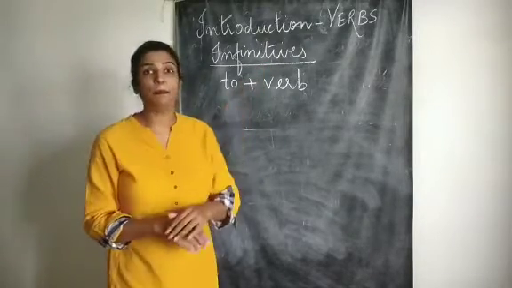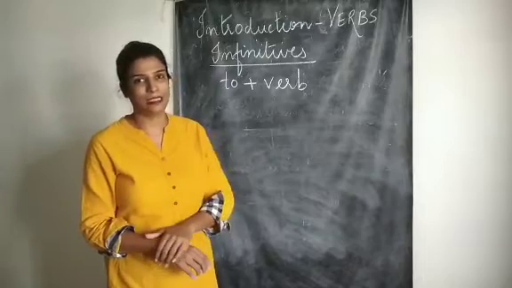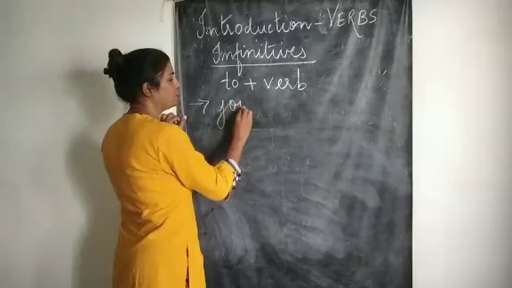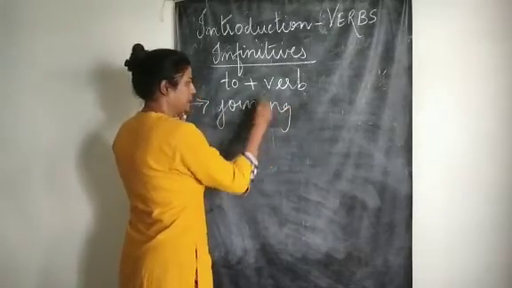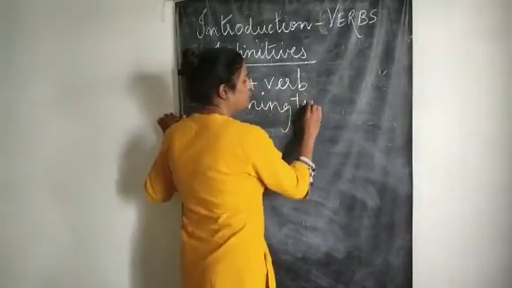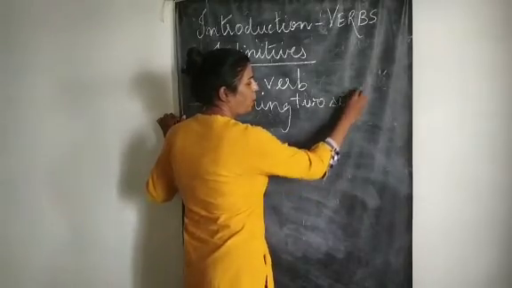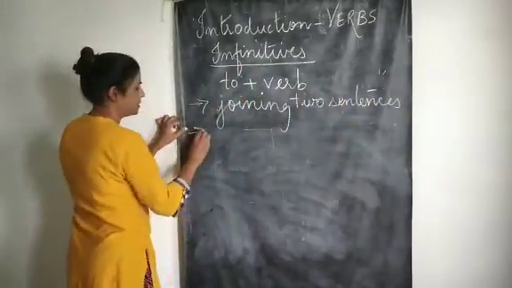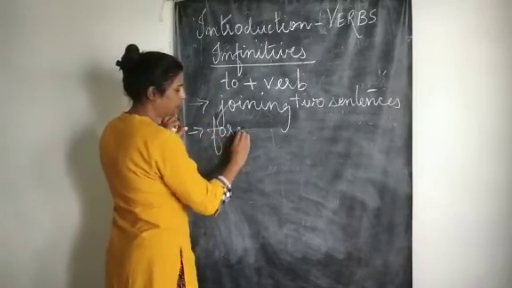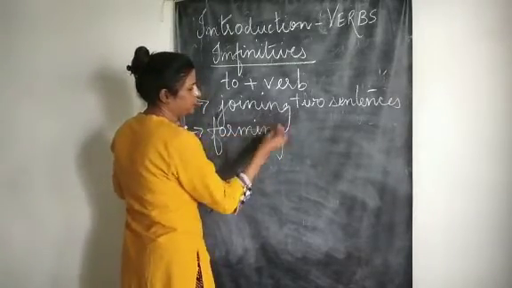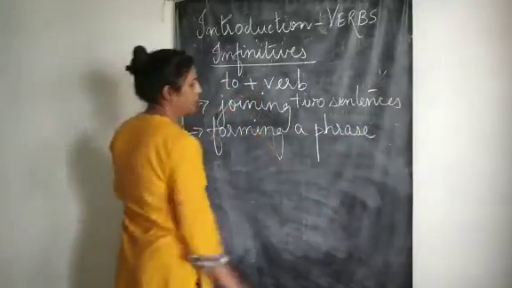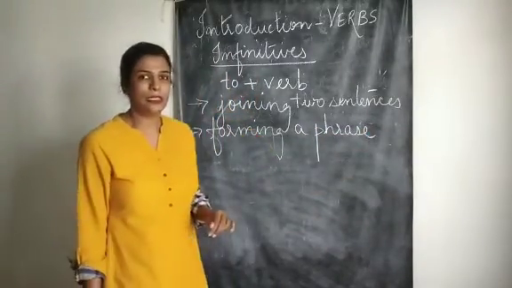And what is the purpose of an infinitive? Let's discuss. It helps us in joining two sentences, or it helps us in forming a phrase. It will help us in forming a phrase, as well as in joining two sentences.